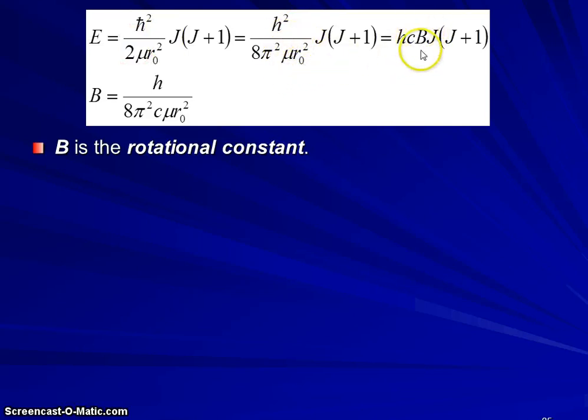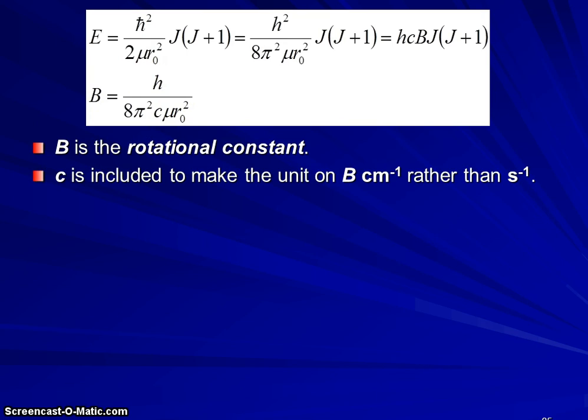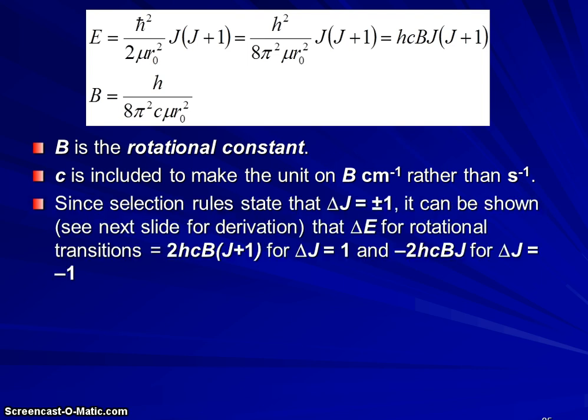And we're going to define this constant beta as h over 8 pi squared times speed of light times moment of inertia. So these are all either constants or constants associated with a molecule. We include the speed of light there just to change the units from hertz to wave numbers on beta.